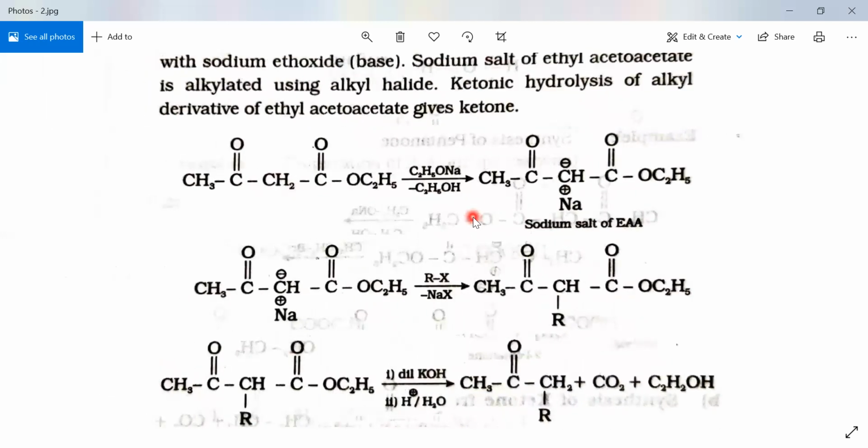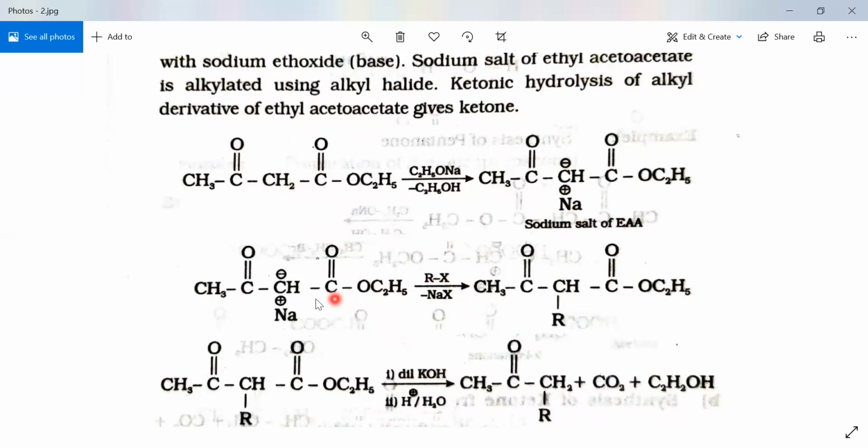Thus the sodium salt of ethyl acetoacetate is produced.